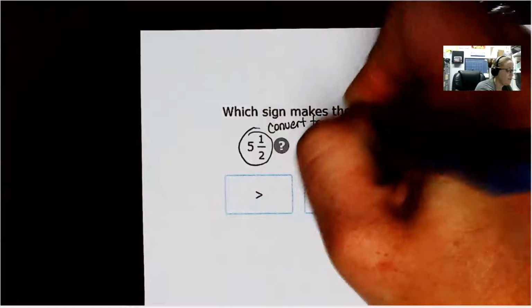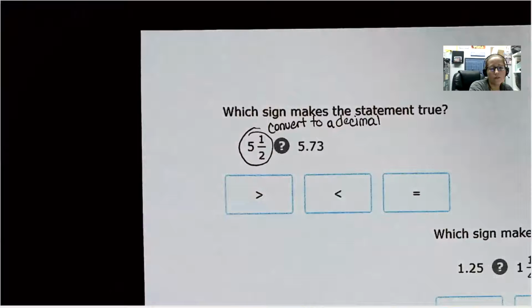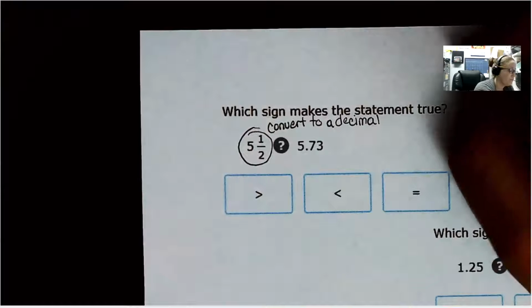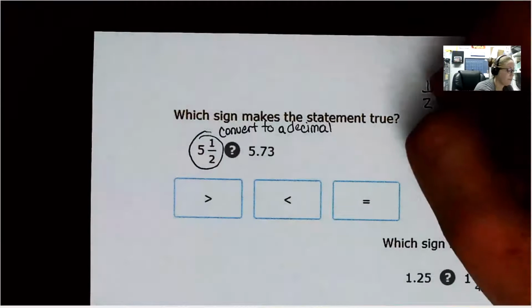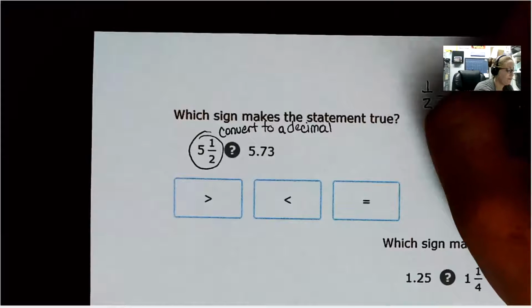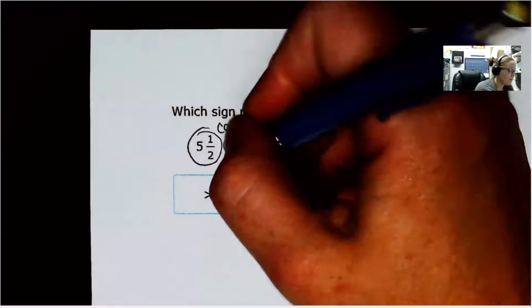And this is exactly what we did in class. Okay. Now, the good thing about 5 1/2 is it's very easy to say that 1/2 is equal to 0.5. And you can do that by dividing 1 divided by 2.